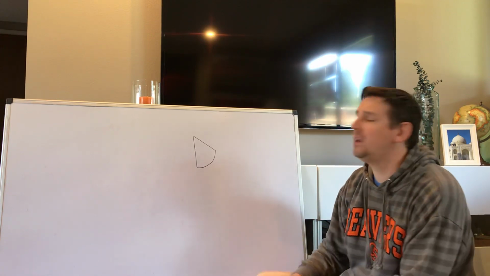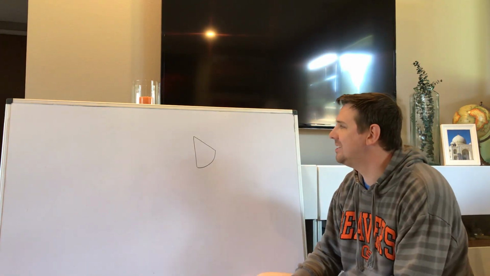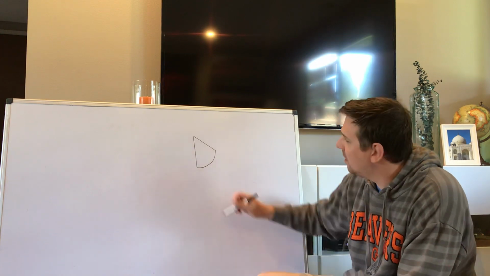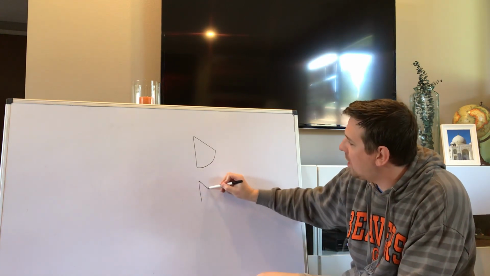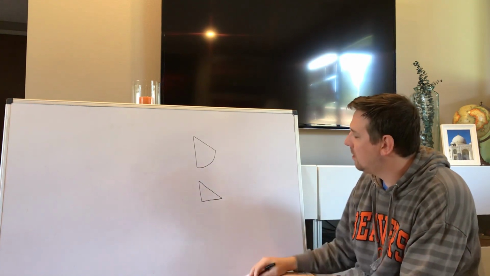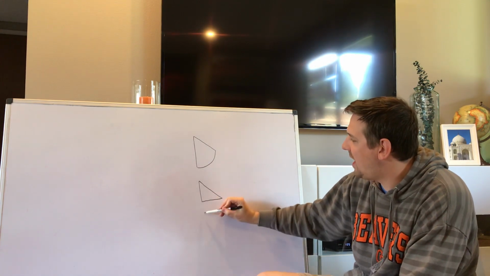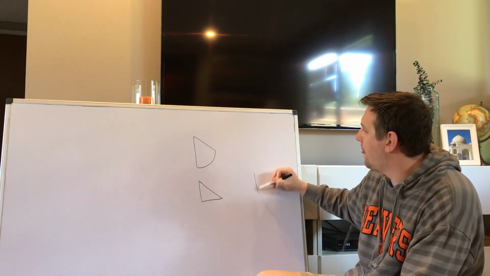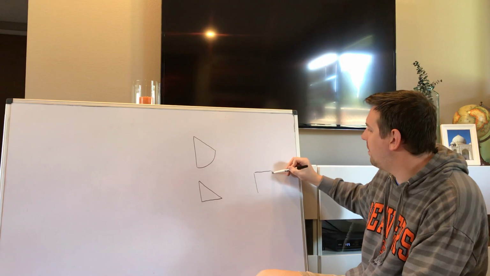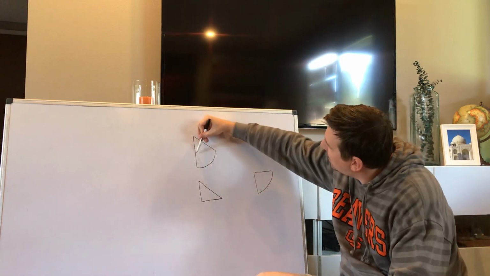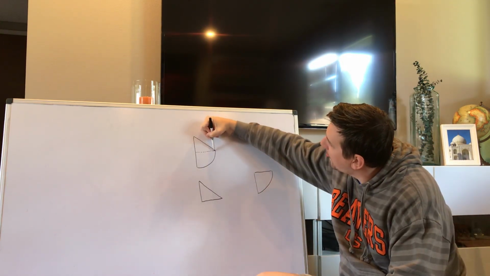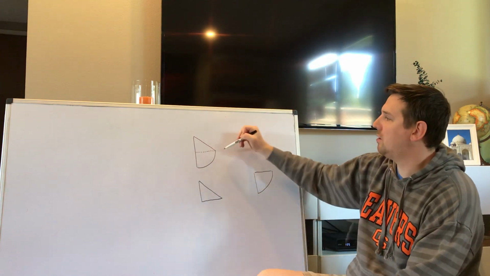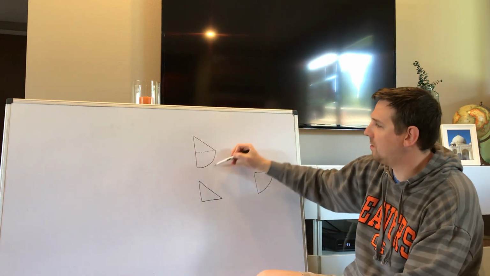Before I even put in numbers, what shapes do you potentially see here? I see a triangle, and I see a piece of a circle. So if we cut right here, you'll see this triangle and this piece of the circle.